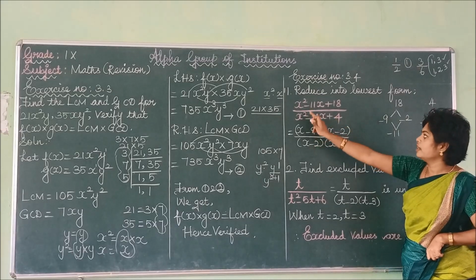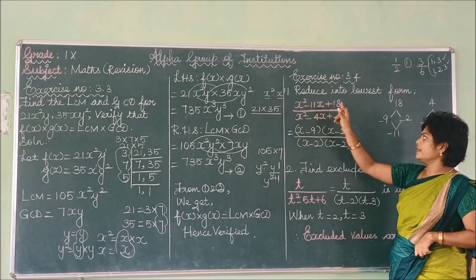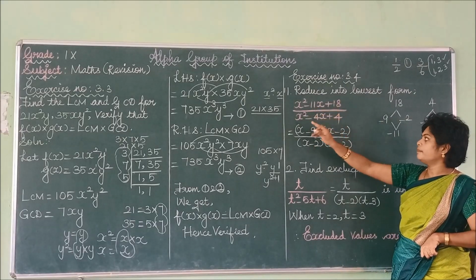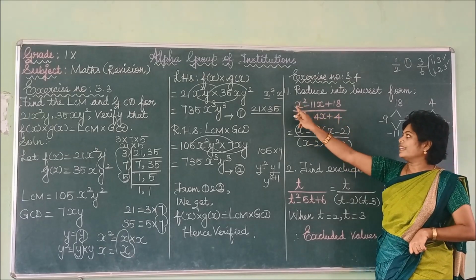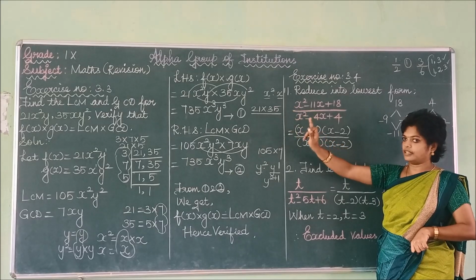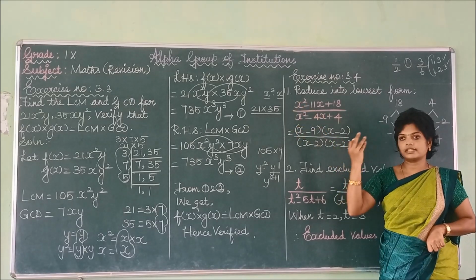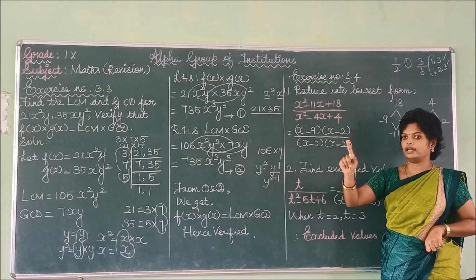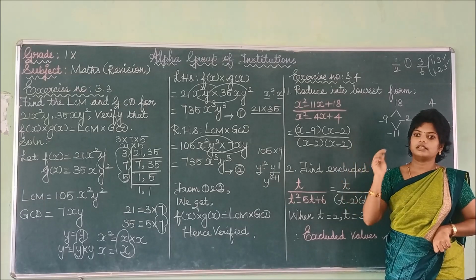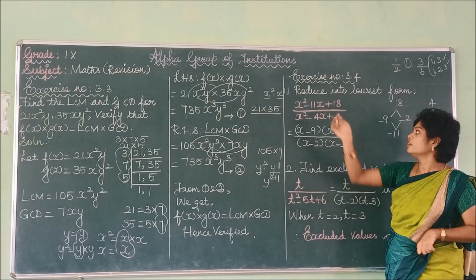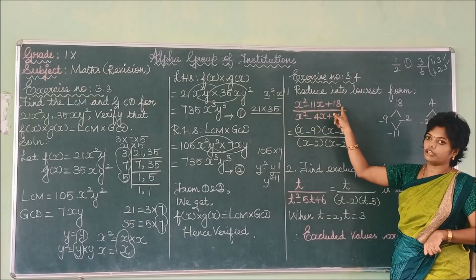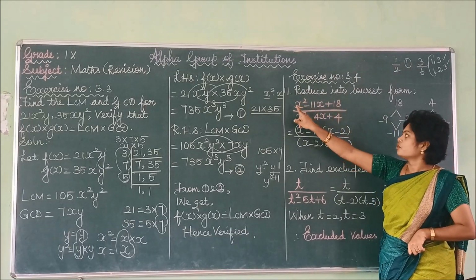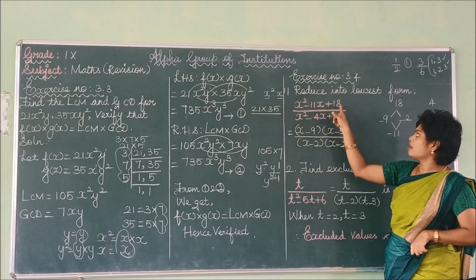So look at the question: x squared minus 11x plus 18 divided by x squared minus 4x plus 4. Look at the coefficient of x squared first. The coefficient of x squared is nothing, which means it is 1. If sometimes they give you 2, 3 and so on, you have to multiply that coefficient value with the constant term.